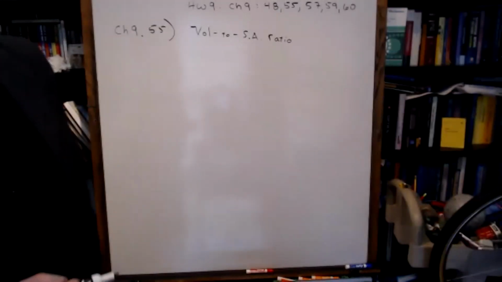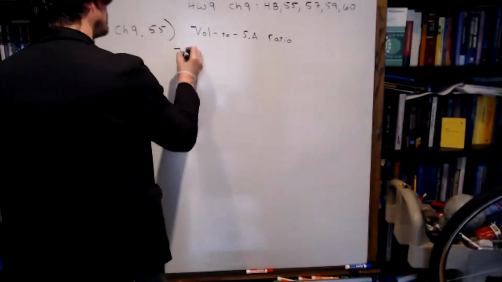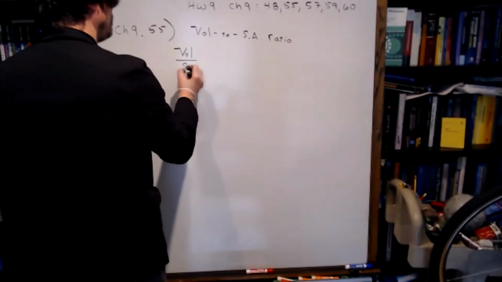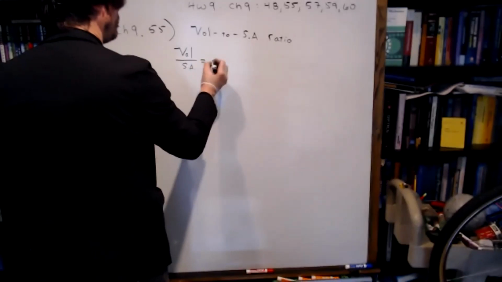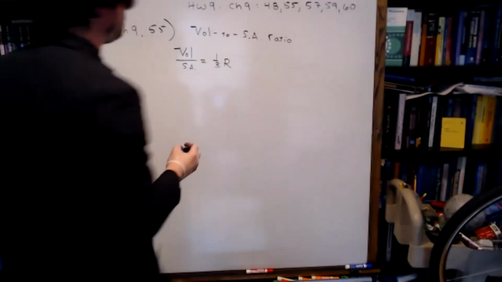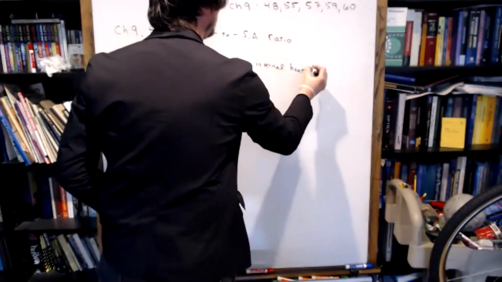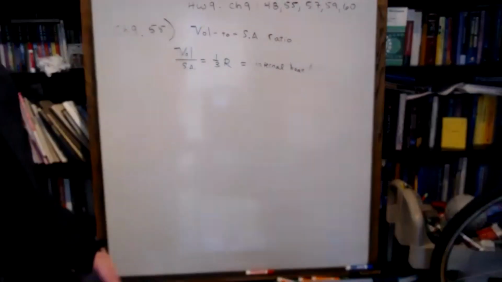You will remember, or you will have forgotten, that in the last class we came up with this concept of volume to surface area ratio, which is proportional to 1/3 the radius of the planet. And this, we decided, was an indication of the amount of internal heat of the planet.